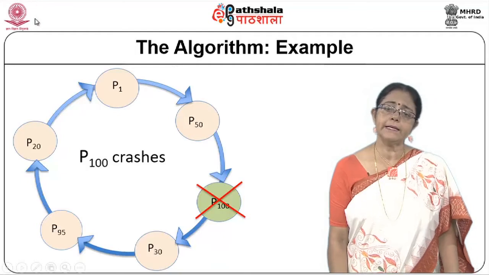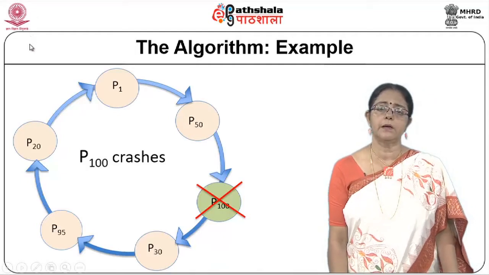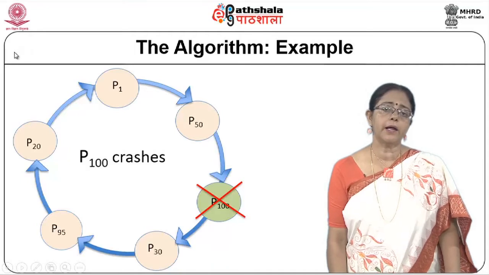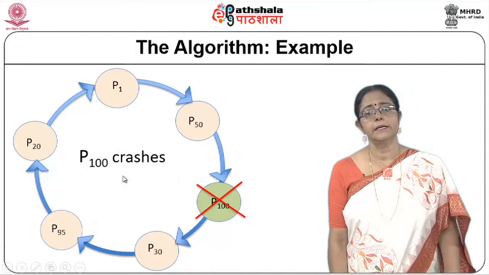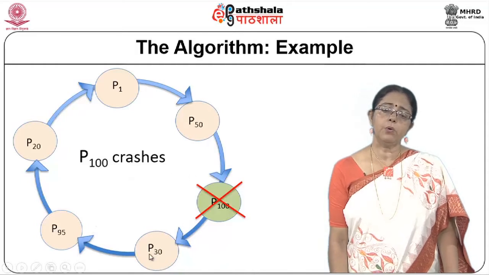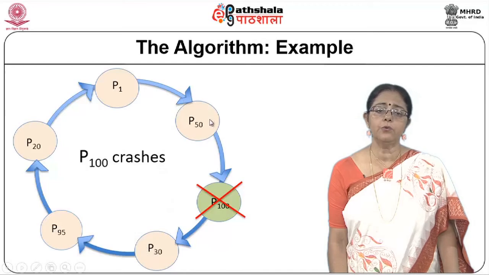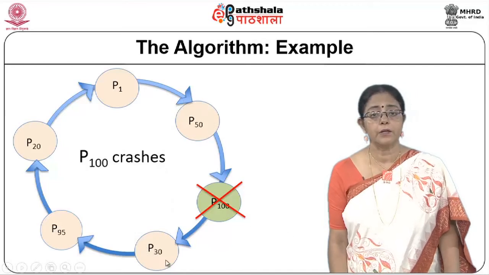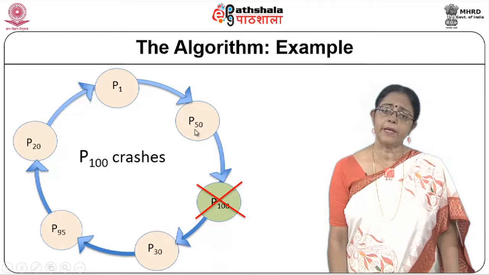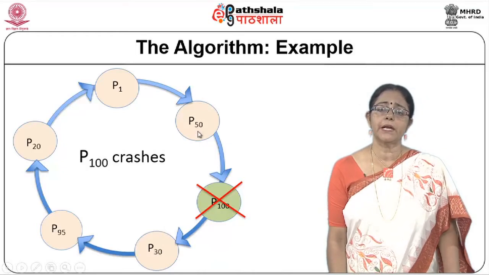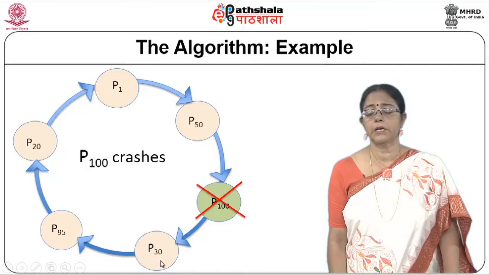But since a leader is required and nodes will at least try to communicate with a leader, one node or another in the environment will decide that the leader has failed. Now, how can any node other than P50 decide that the leader has failed? It is this way: maybe P50 is not trying to communicate with the leader, but P30 is trying to communicate with the leader.